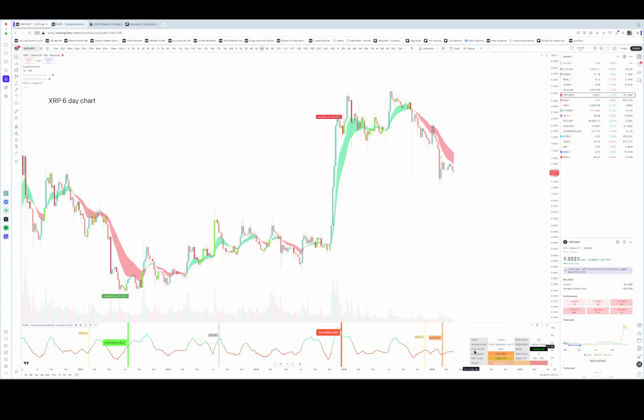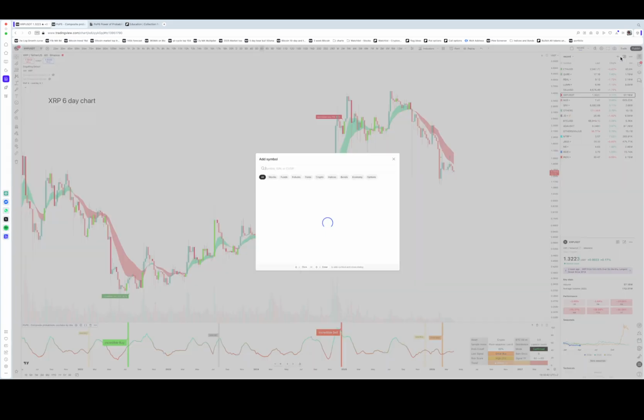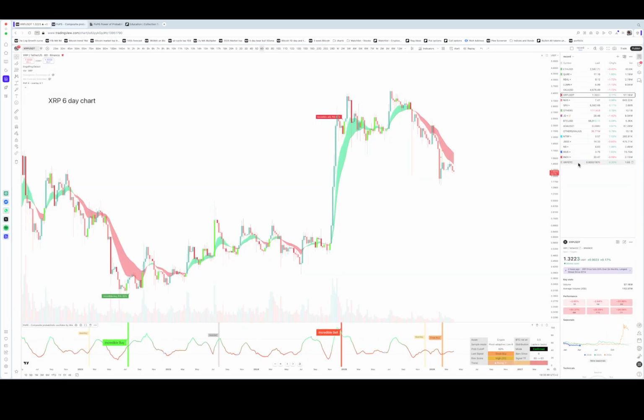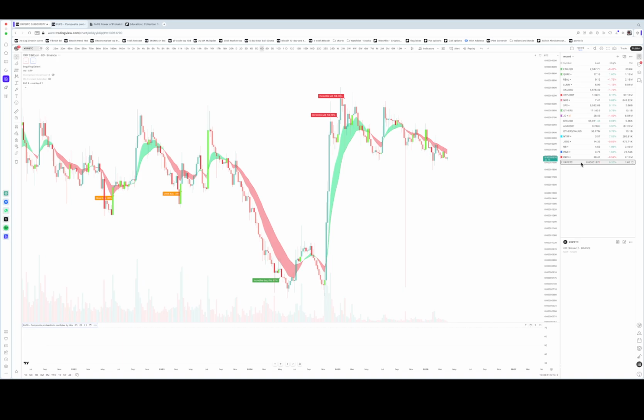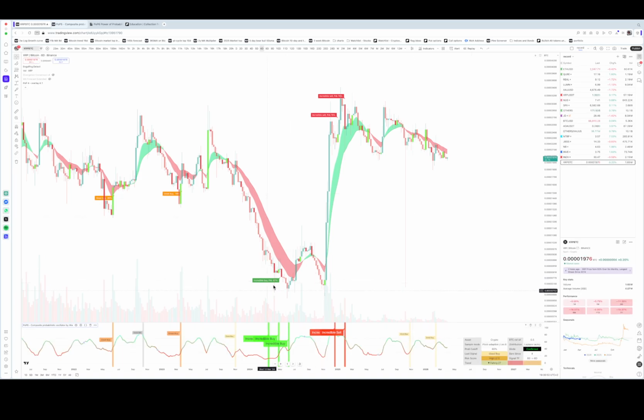So as you know, when it comes to cryptocurrencies, we have both USD and the BTC pairs. And if let's add in XRP BTC, and now we have the same really strong signals here on the waiting for the BTC pair.